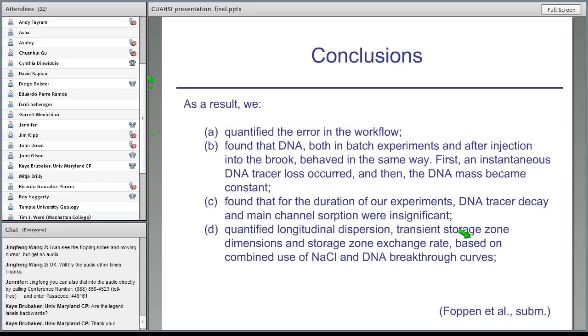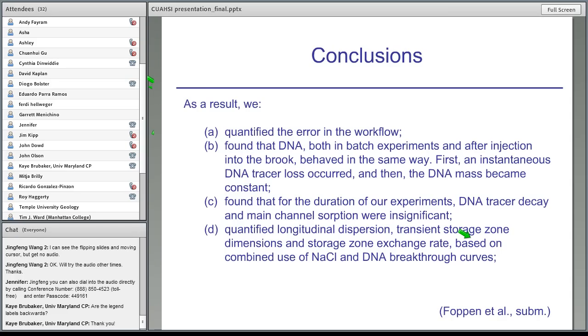We found that both in batch experiments and after injection into the brook, DNA behaved in the same way. So first there was an instantaneous DNA tracer loss, and then the mass sort of became constant, at least for the duration of the experiment.